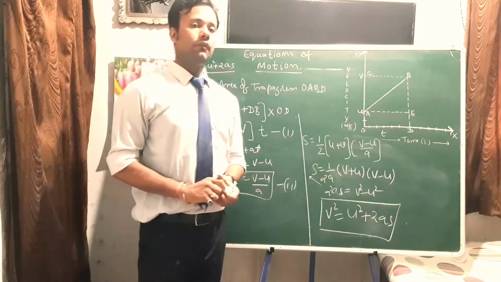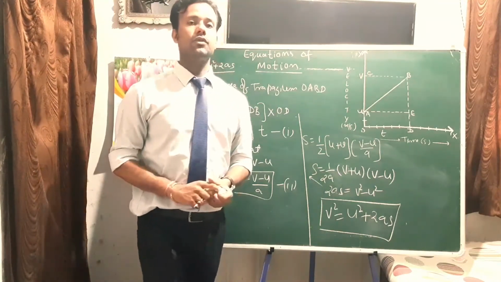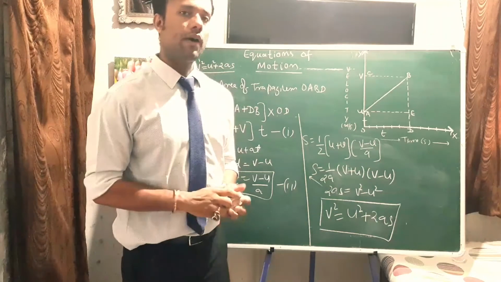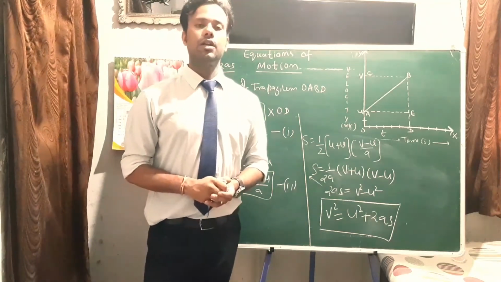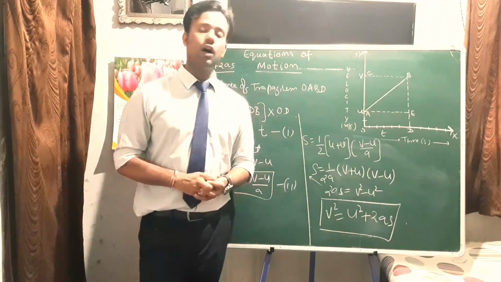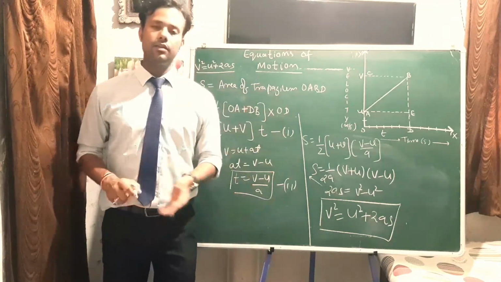So this is how we can derive the equations from the graph. Now you understood why the graphical representation is so important, right? So even if you don't remember the equations, you can derive them.